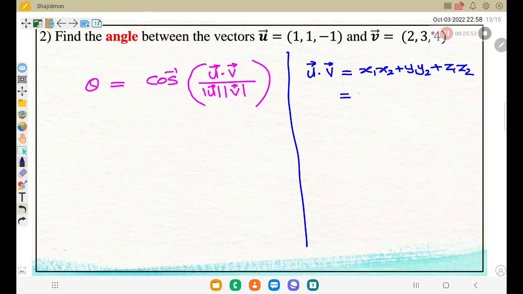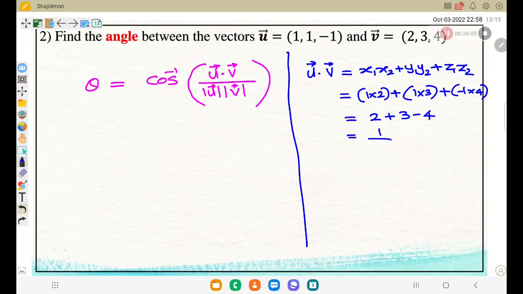So 1 multiply 2 plus 1 multiply 3 plus minus 1 multiply 4. So 2 plus 3 minus 4 equals 2 plus 3 is 5, minus 4 means 1.